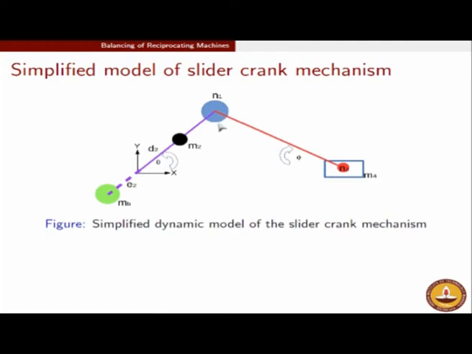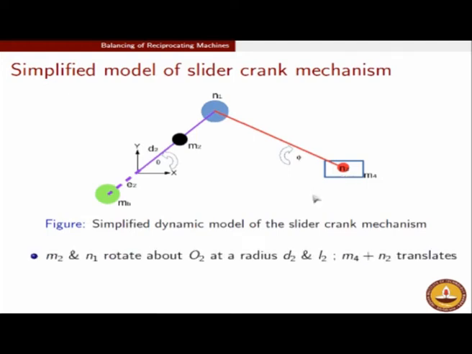The lumped mass associated with the big end of the connecting rod is shown here. The lumped mass associated with the small end of the simplified connecting rod is shown here in red. So the way this simplified model now helps us is the following. Remember the main issue was that we were unable to visualize the inertia forces and inertia torques arising due to the connecting rod motion.